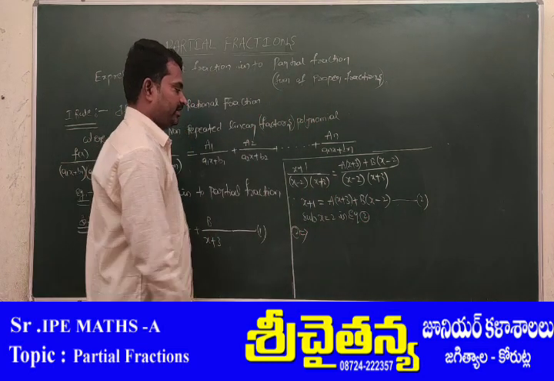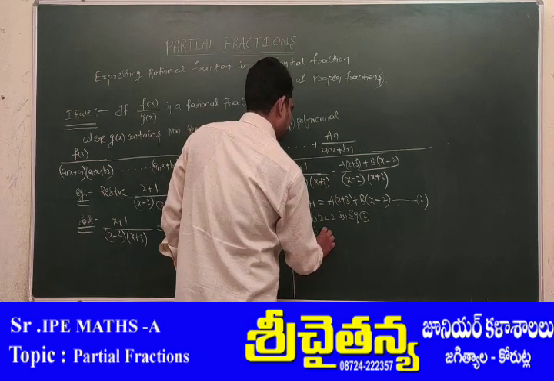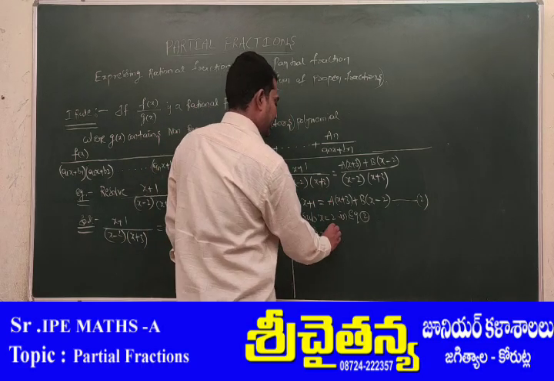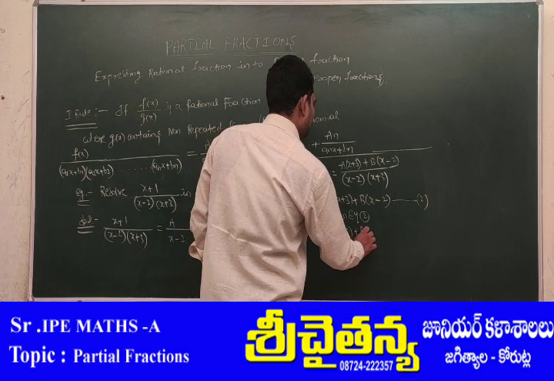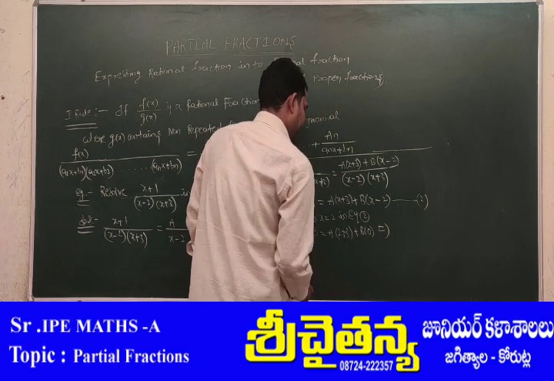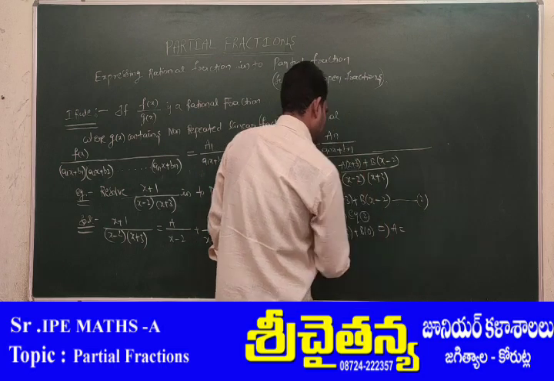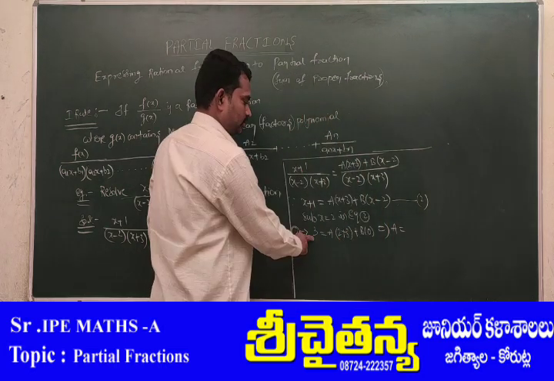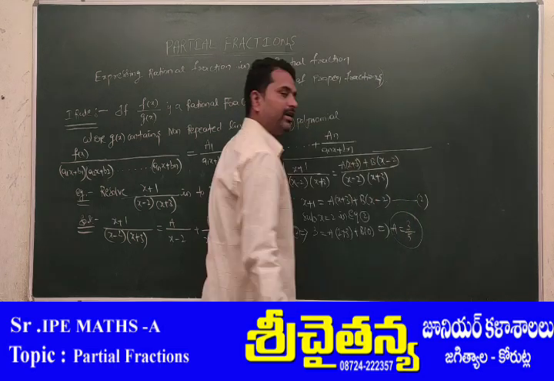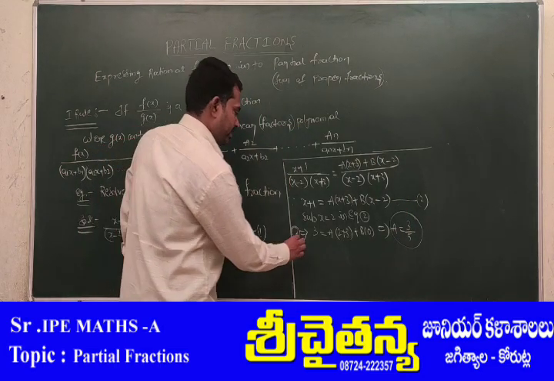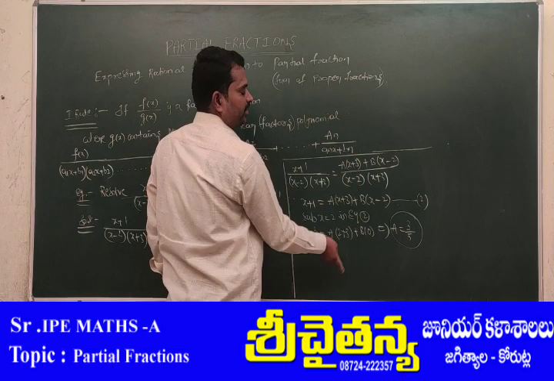Equation number 2 implies 2 plus 1, which is 3, equals A into (2 plus 3) plus B times 0. That implies A times 5 equals 3, so A equals 3 by 5.